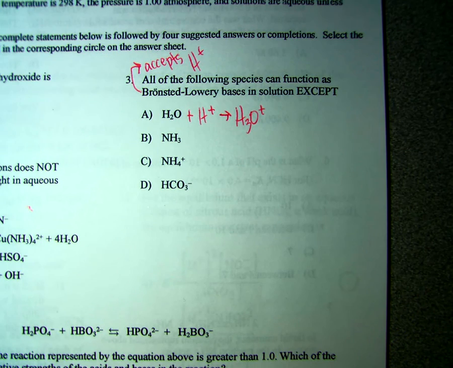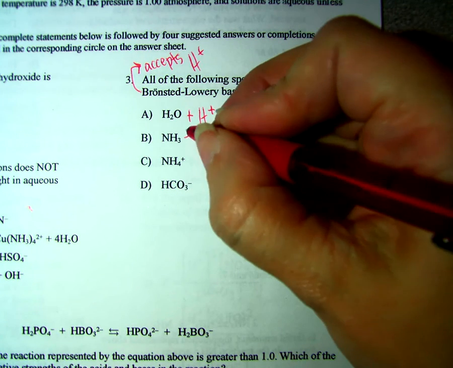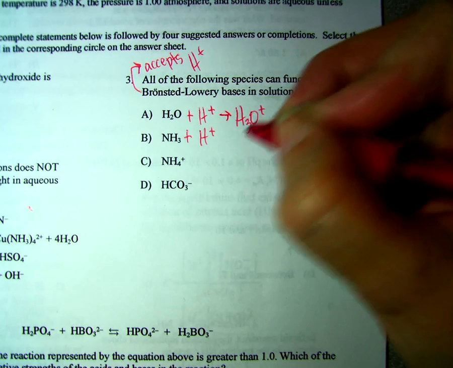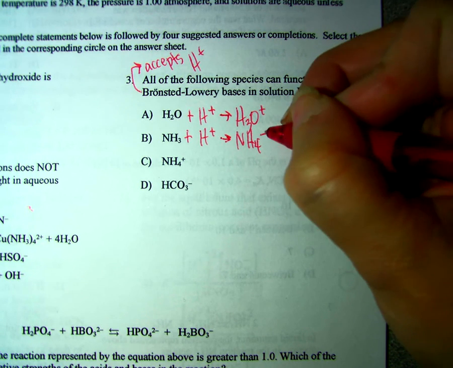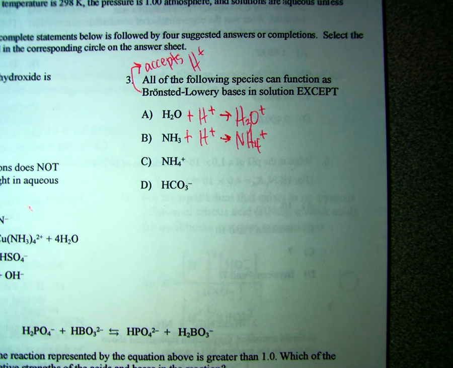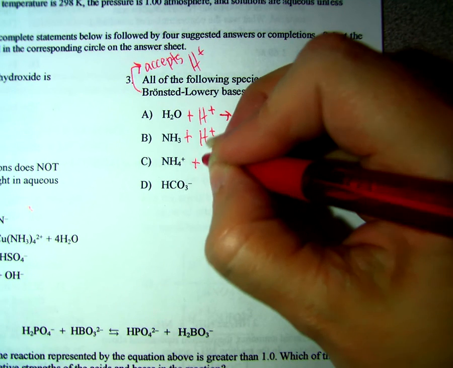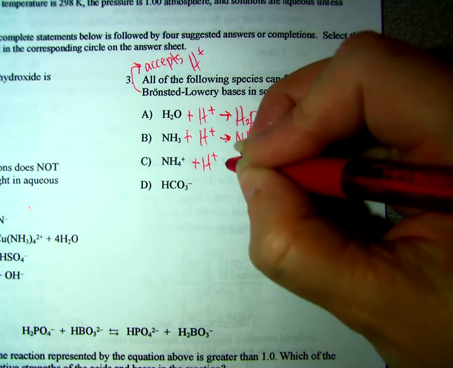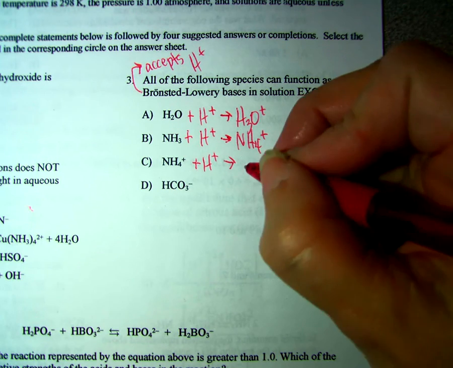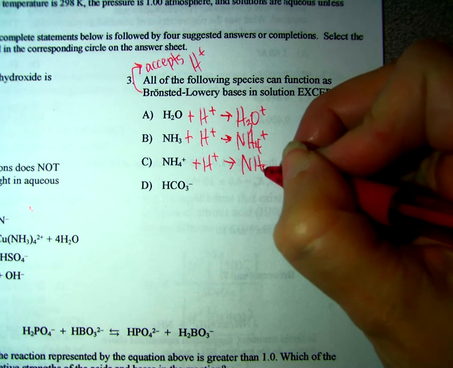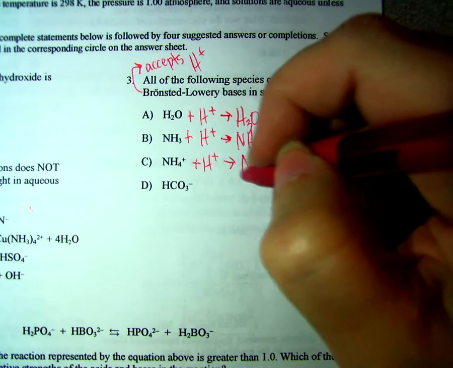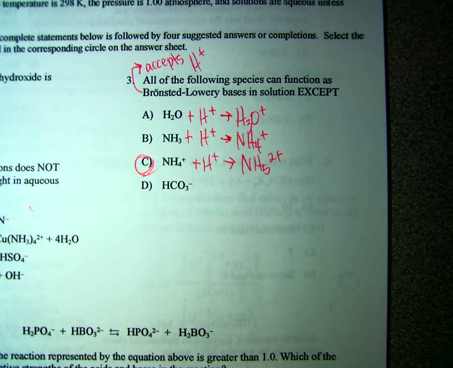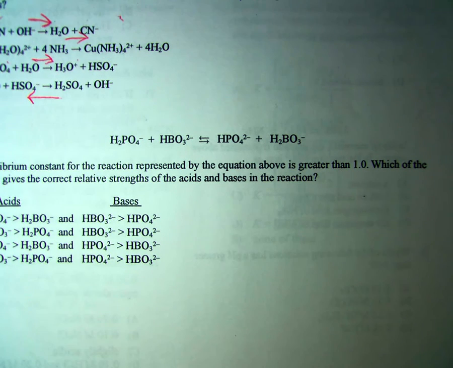That's legal, right? If we add an H plus to ammonia, do we get something legal? NH4 plus, the ammonium ion, right? If we add an H plus to NH4 plus, have you ever seen an NH5 2 plus? That's illegal. That is not right. It's that one. I have never seen an NH5 either. So there you go.